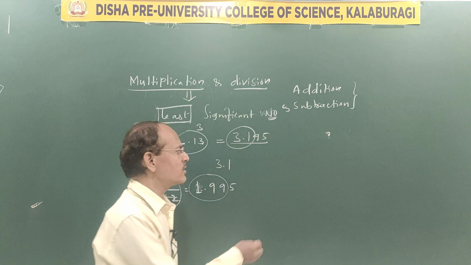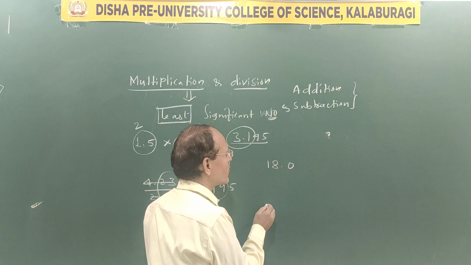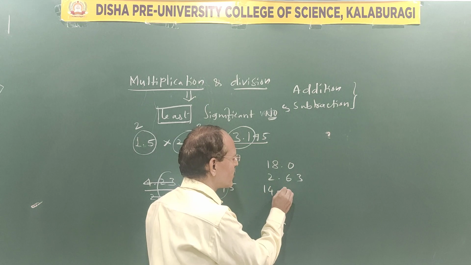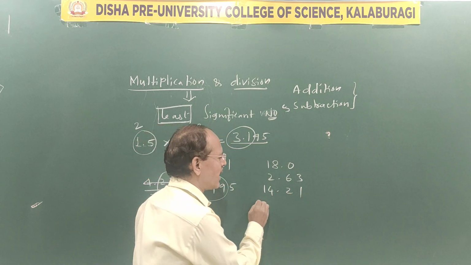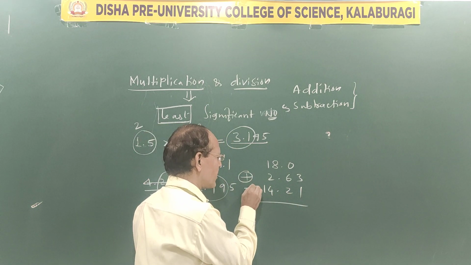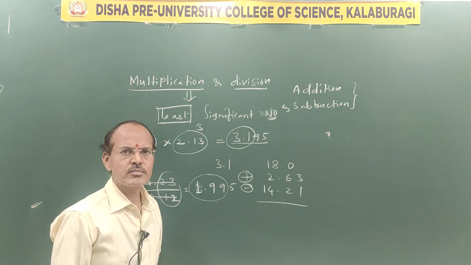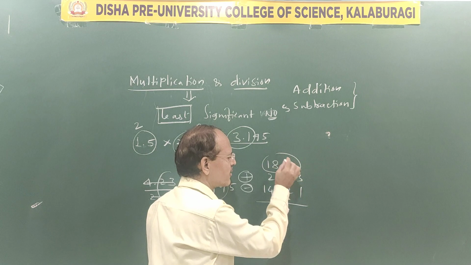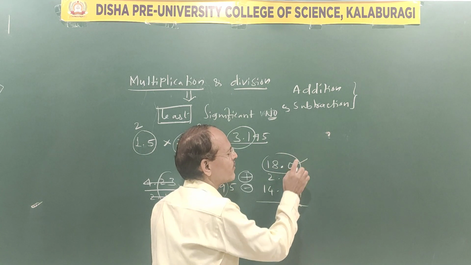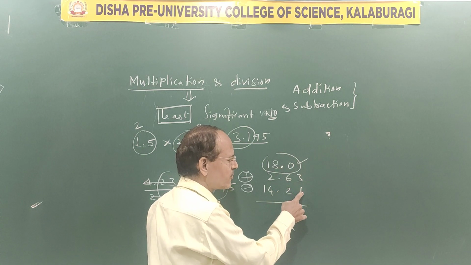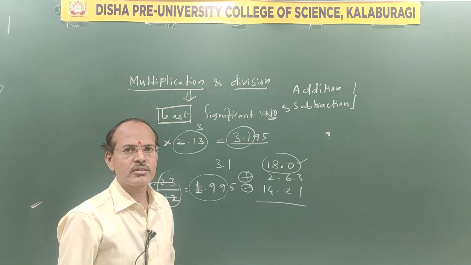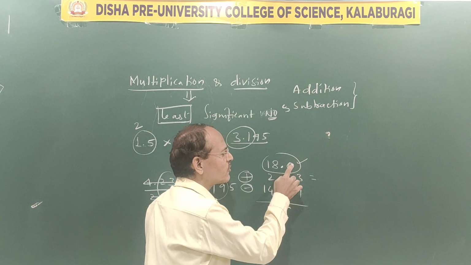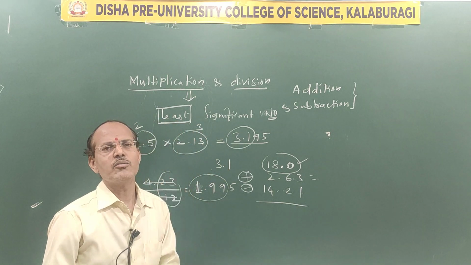For example, if you take 18.0, 2.63, 14.21, adding or subtracting doesn't make any difference. After the decimal, this one has only 1 unit, whereas these two have 2 units. So in the answer after the decimal, you should take only 1 value.